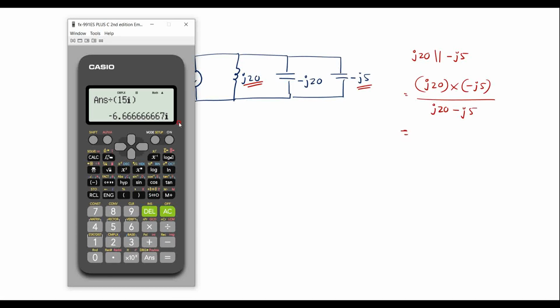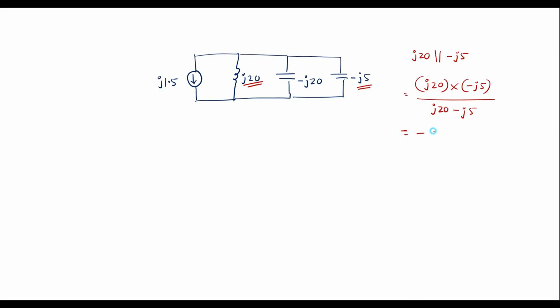So this is the result, that is minus 6.667i. Let me write the value of this as minus J6.667. Let me redraw the circuit.